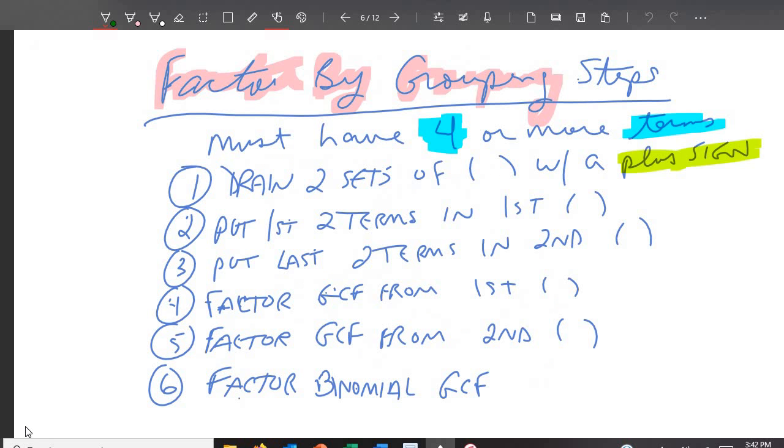Alright. Now, to do the factor by grouping, here are the steps. I've broken them down into simple steps. In order to do the factor by grouping, you're going to have 4 or more terms. 4 or more. We're going to stick with 4, but you can have 5, 6, and it just depends.